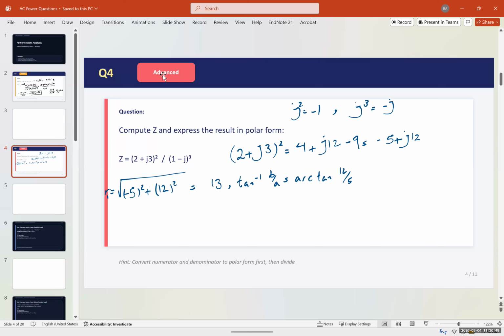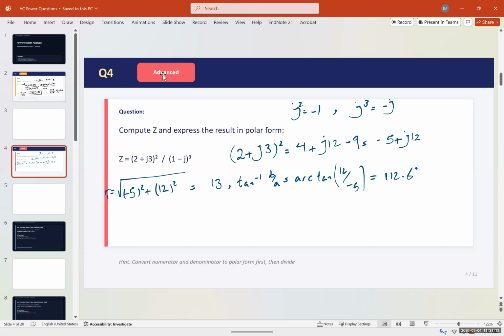Or we can do negative 180 degrees minus arctangent of this. But yes, that is correct because it flips. And this is going to be 112.6 degrees, because it's in the second quadrant.